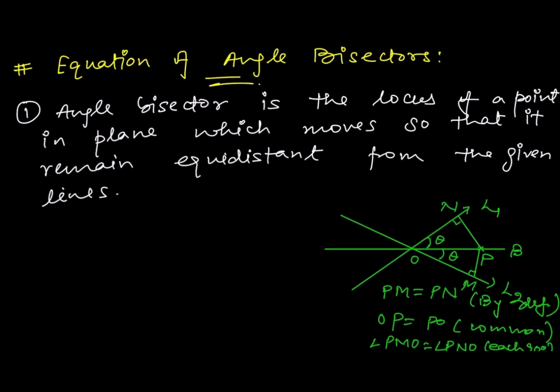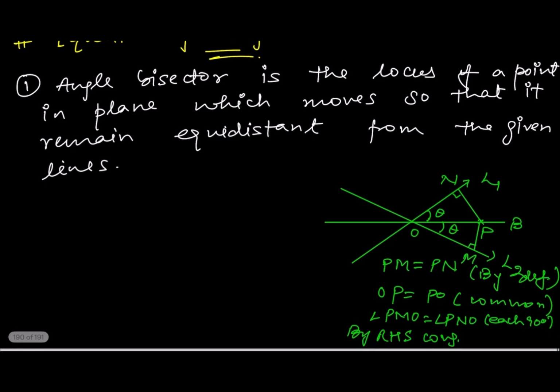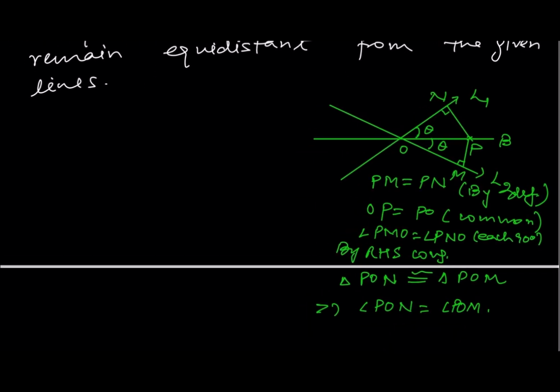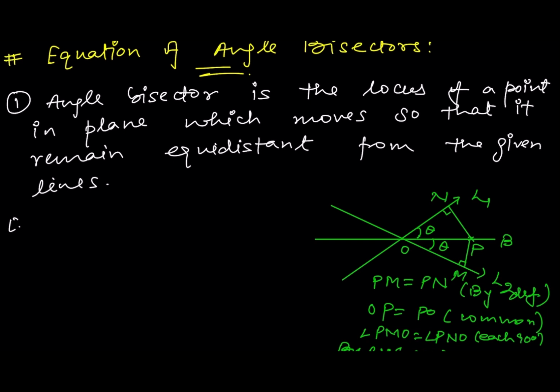Okay. Now I have to make an equation for this bisector. Say this point P has coordinates (h, k).